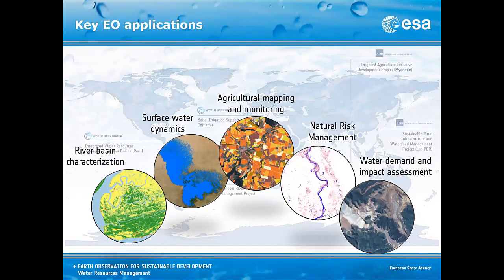We will be looking at support to management of water-related hazards like floods and droughts, and finally also how Earth observation can support agricultural mapping and monitoring, basically mapping and monitoring of crop areas and agricultural water use.